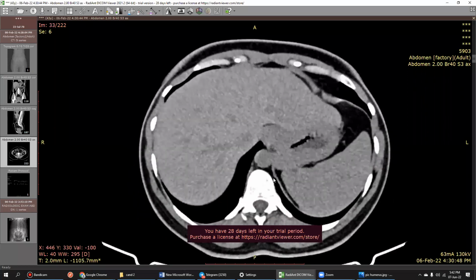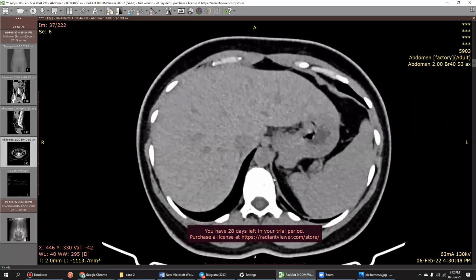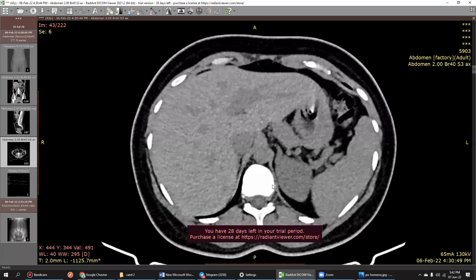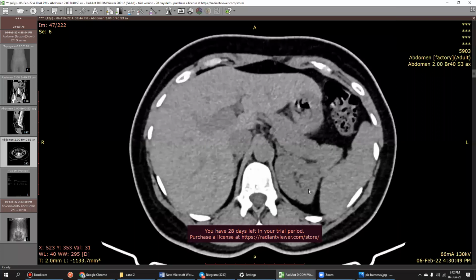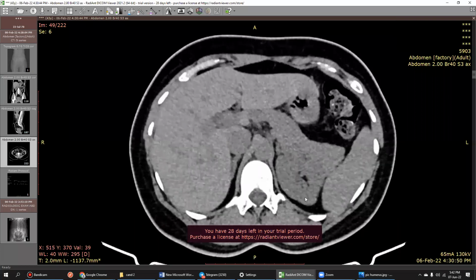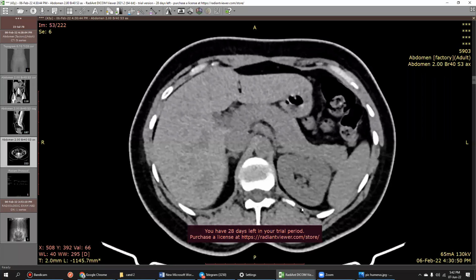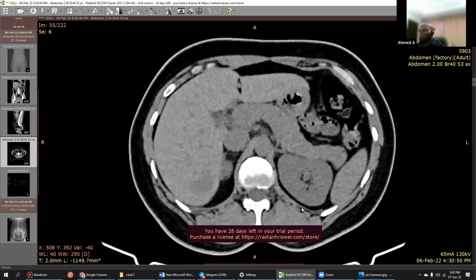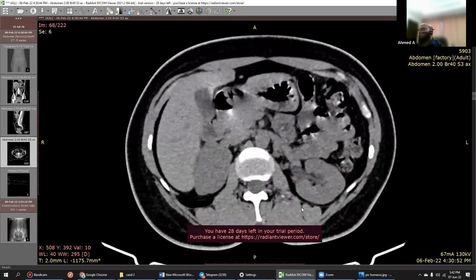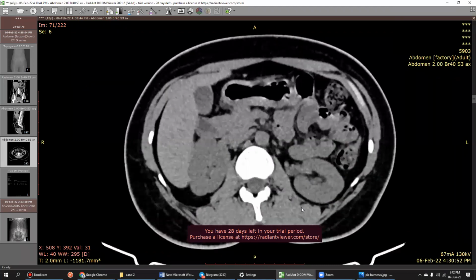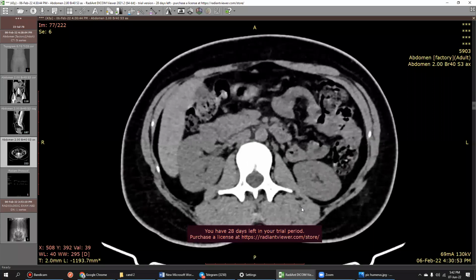Okay. I could appreciate a tiny hypodense lesion in the liver, could be a cyst. There is a large hypodense mass. Sorry, no, there is no mass. It was the kidney.